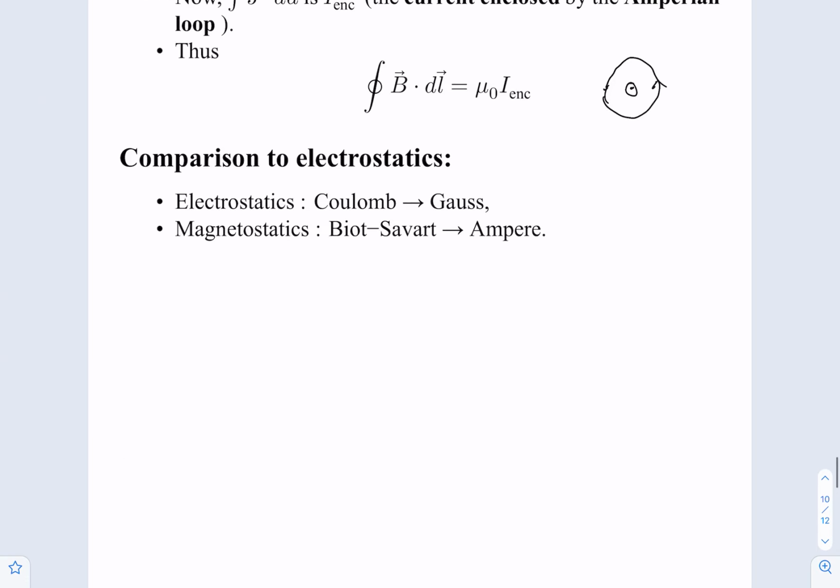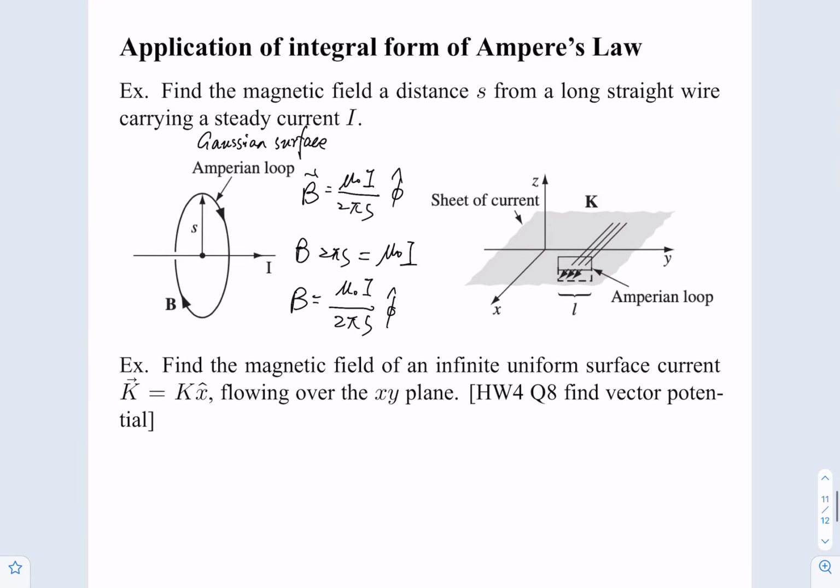You can always verify this direction by using the right-hand rule of the infinitely long wire, where the thumb is the current direction and the fingers are the direction of the magnetic field.